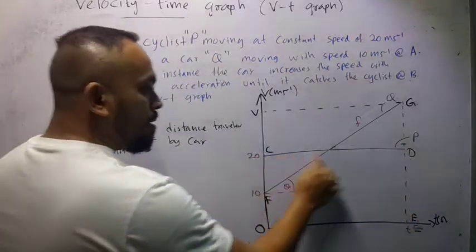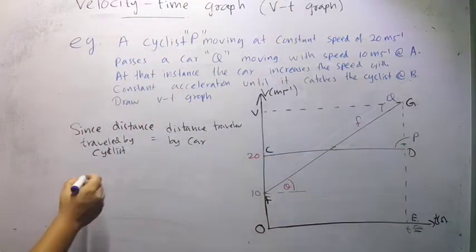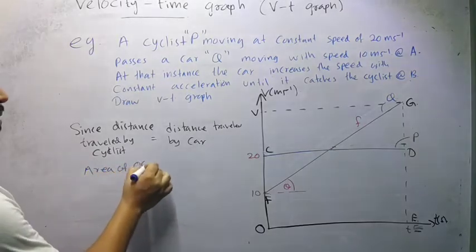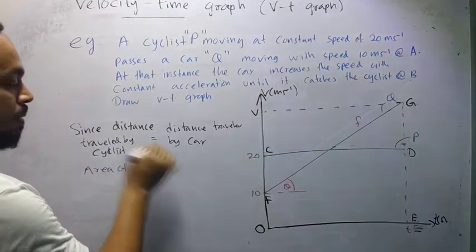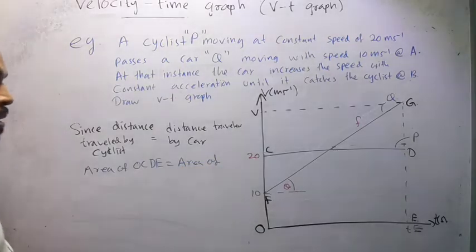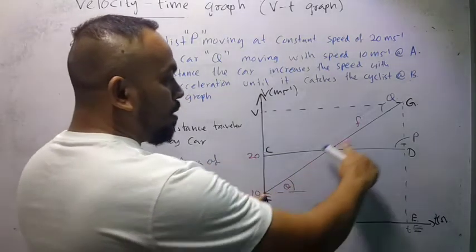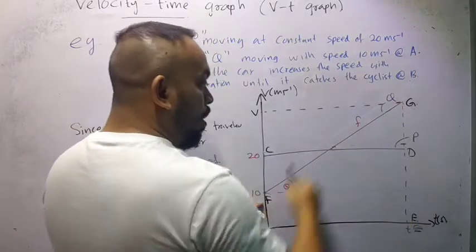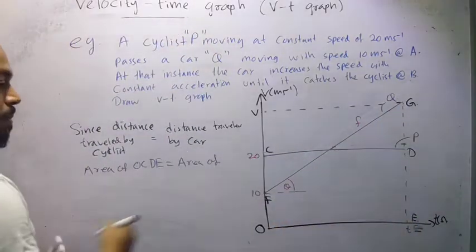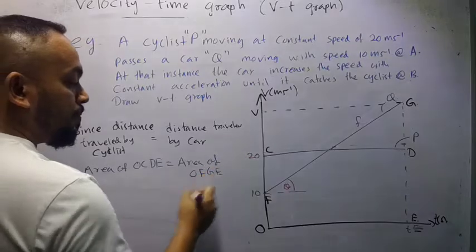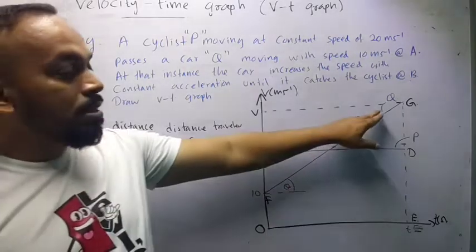This is a square, so the area of OCDE must be equal to the area for the car, which is OFGE, this trapezium.